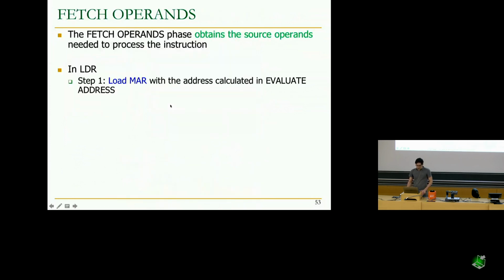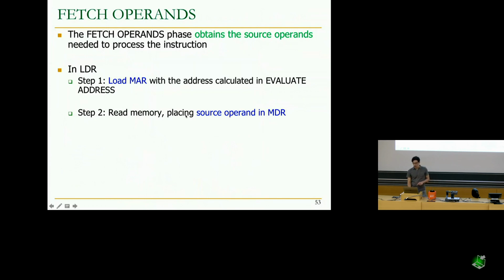So next is the fetch operands stage, and we can have a fetch operand stage in LDR and also in add, but the operands that we are going to fetch are different. In the case of LDR, what we do is read from memory. We load the MAR with the address that we calculated in the previous phase, and then we read memory, so the operand will be placed into the MDR.